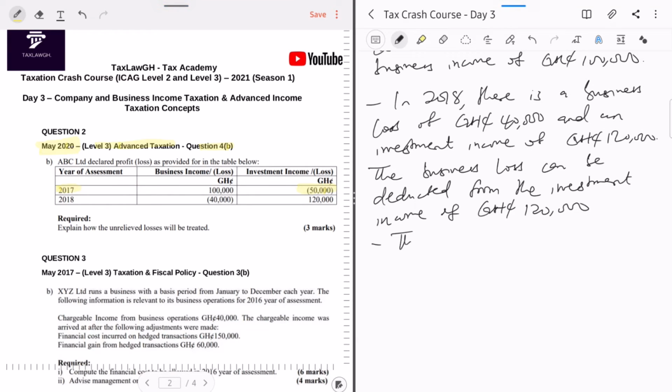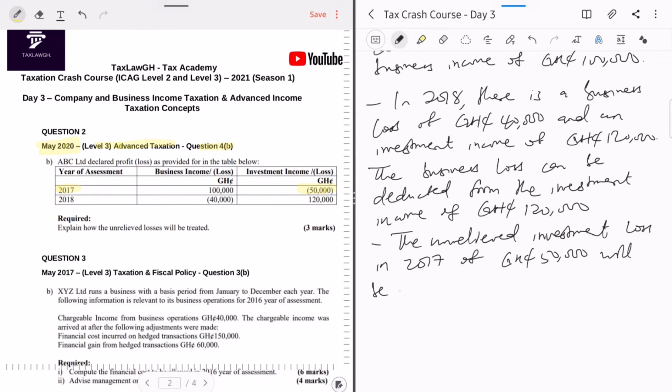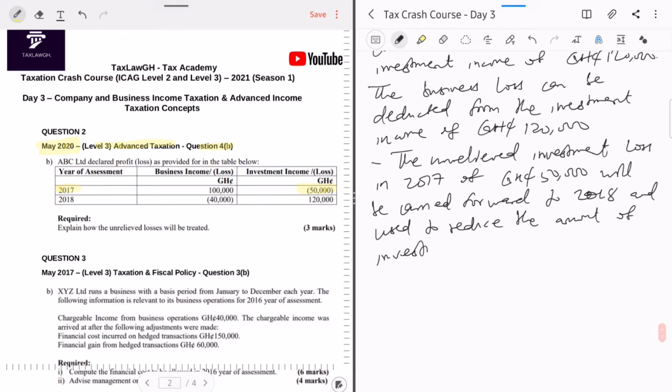So we say the unrelieved investment loss in 2017 of 50,000 will be carried forward to 2018 and used to reduce the amount of investment income accessible to tax. So that's it.